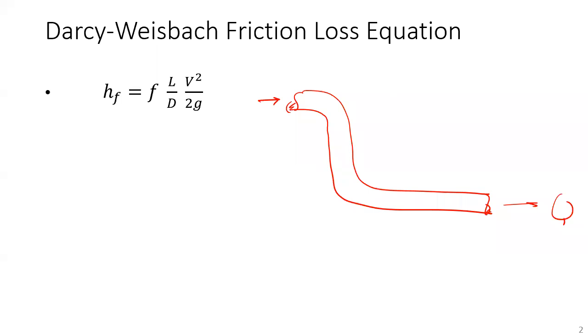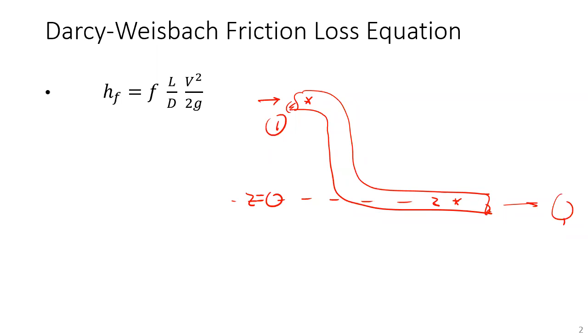So in this case, now that we have this pipeline, we could, for example, select 2 points, 1 and 2. And for these 2 points, again, if we're doing an energy analysis, we may have a datum where the elevation is 0.